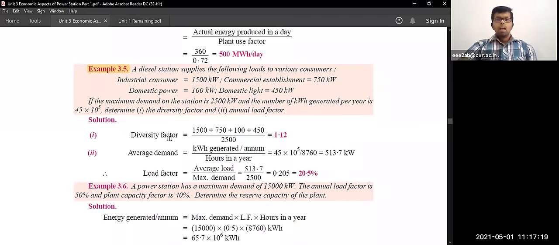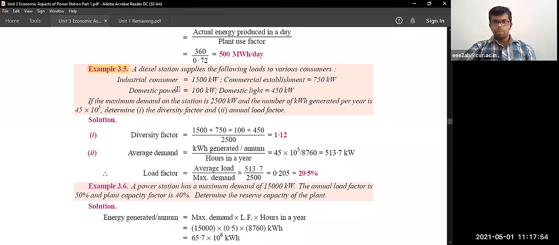First we calculate the diversity factor. What is the formula? Diversity factor is the sum of individual maximum demands divided by the maximum demand of the power station. You have to keep it in your mind. The individual maximum demands are given: industrial, commercial, domestic power and domestic light.